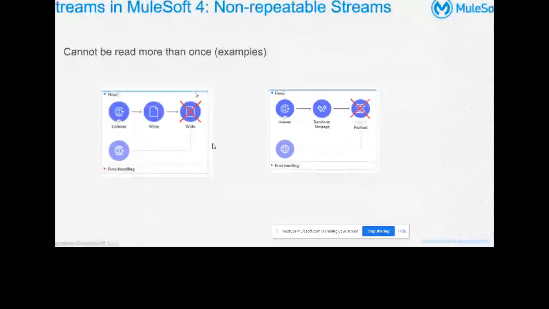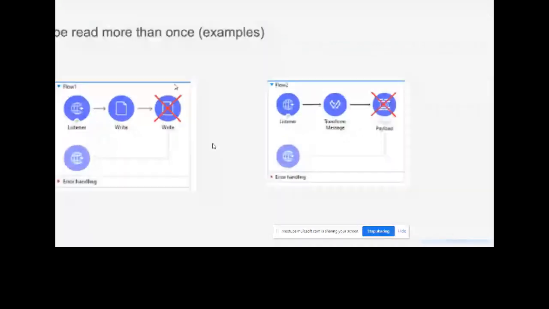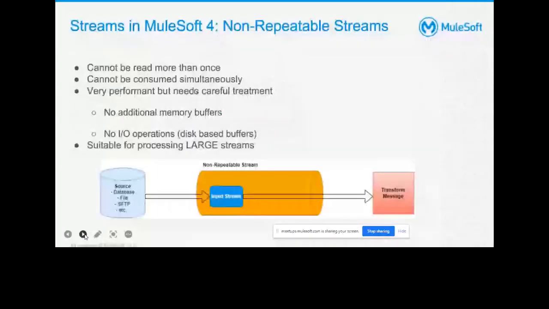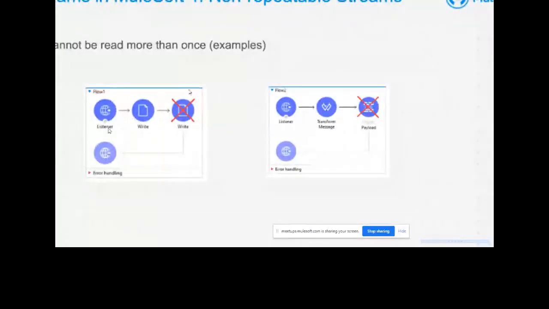Let's suppose we have this flow number 1, and there's a listener, which is a non-repeatable stream, taking it from the payload. Now we want to write that payload into 2 files, file number 1 and file number 2. When it was non-repeatable streaming, it could write only to the one file which comes first. After that, the stream has been consumed and it will not be available to the next processors.